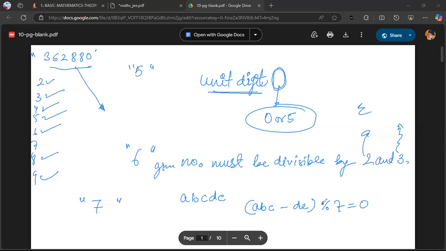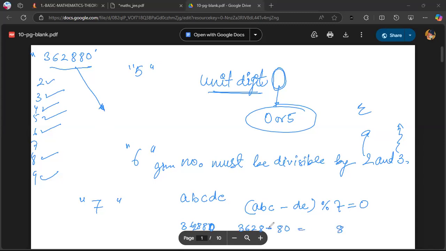Let me give you an example with this number itself, 362880. So let's subtract the last two digits from the number.